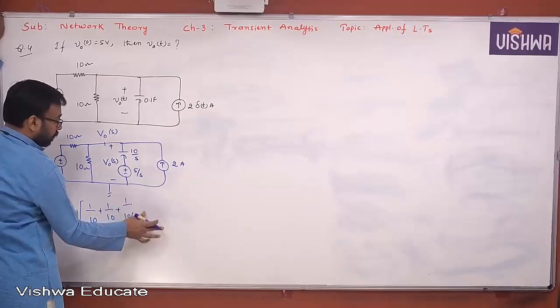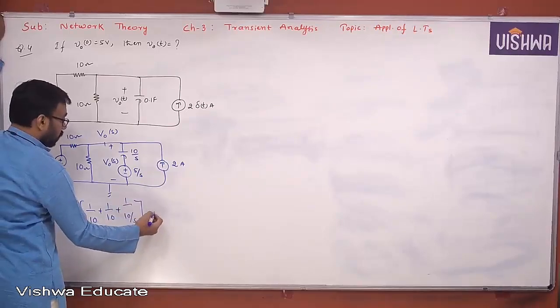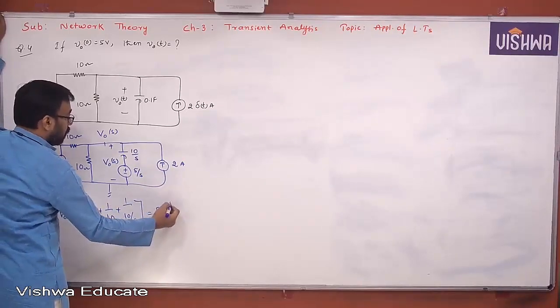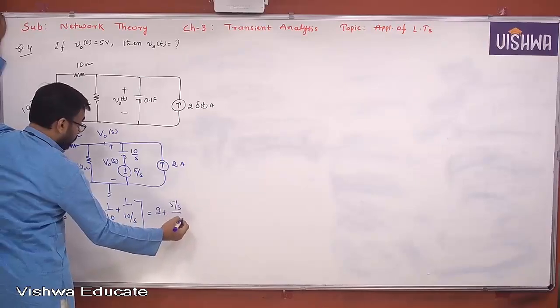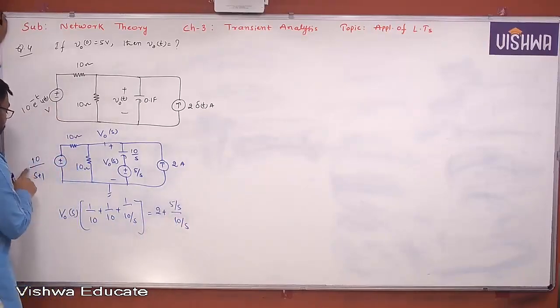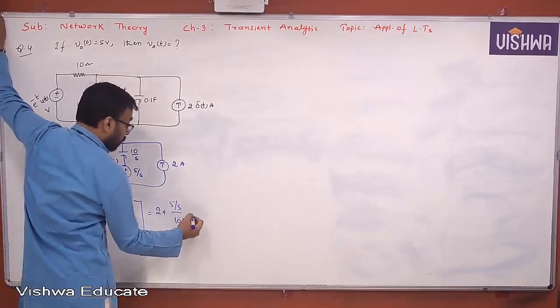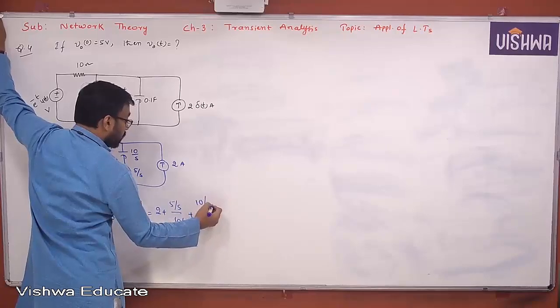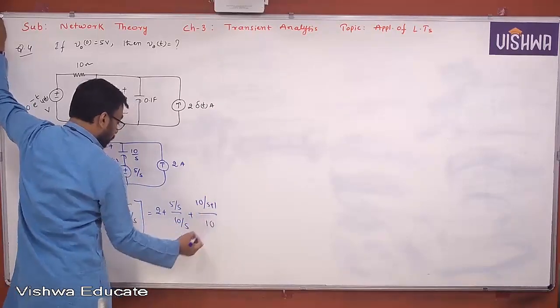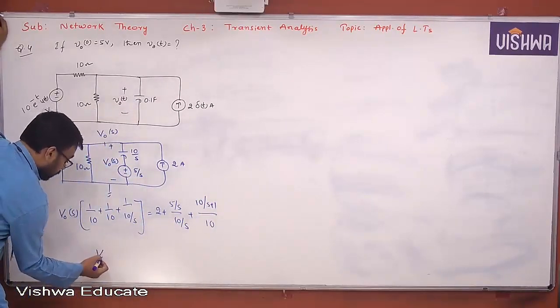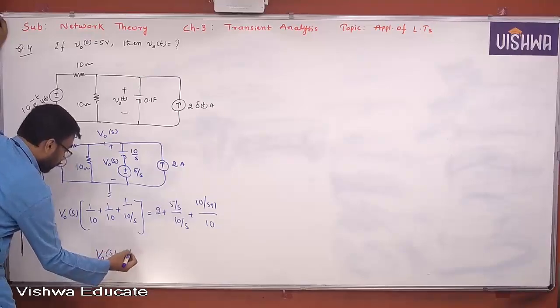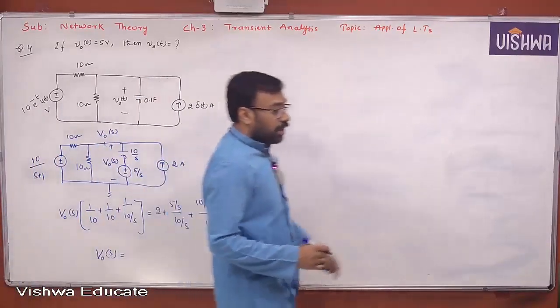Yes or no? Is equal to 2 amperes plus 5 by S by 10 by S. Here 10 by S plus 1 by 10. Yes or no? Like this. You can go for, this is V naught of S. Okay? Let me give you directly that value.